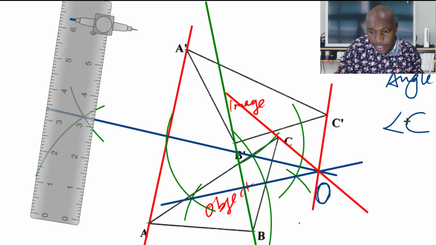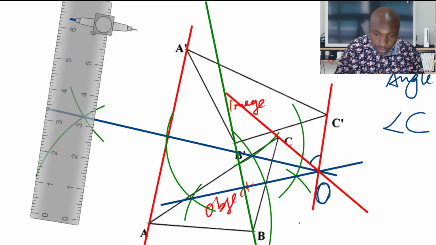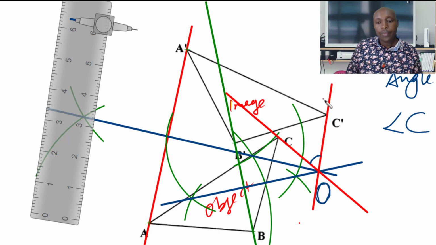That will be the angle C O C prime, and that angle is this angle that is here. This is the angle that we need. So let us measure that angle.